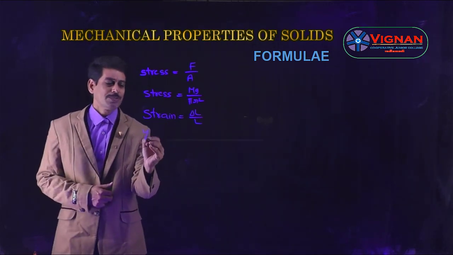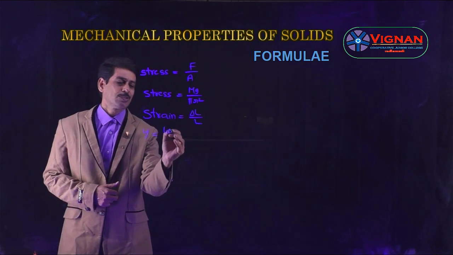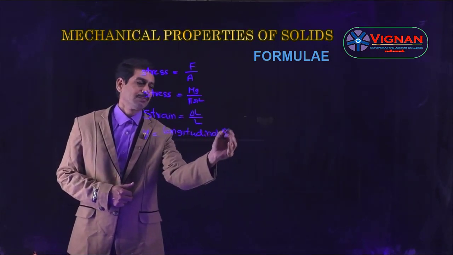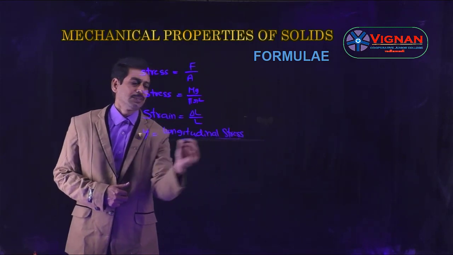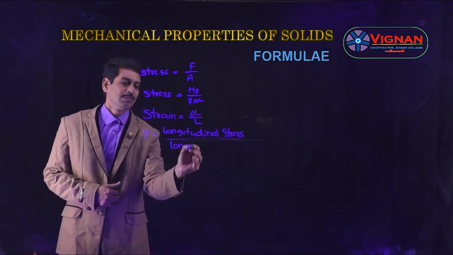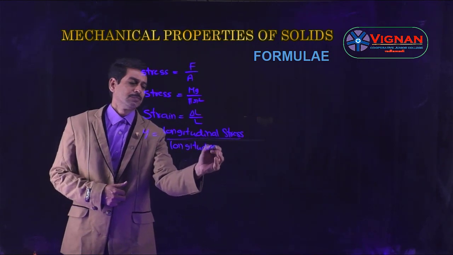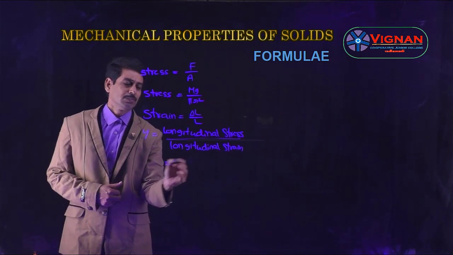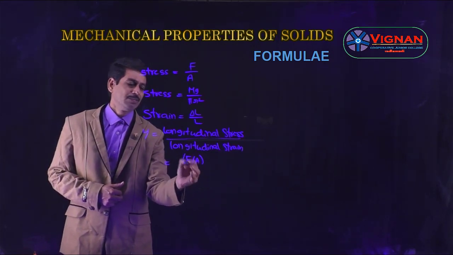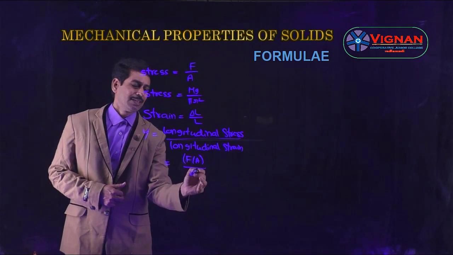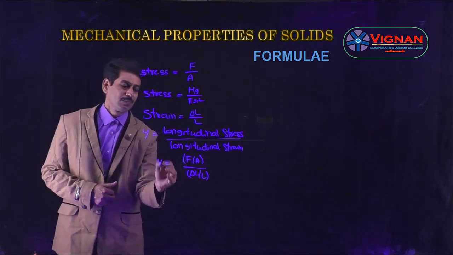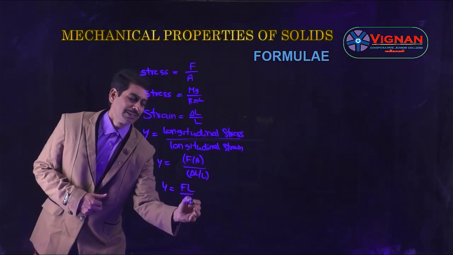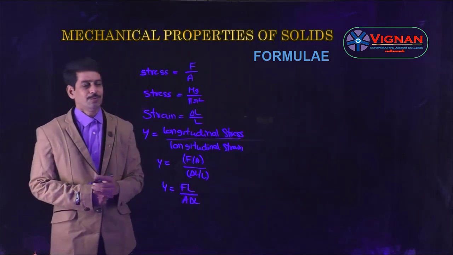And Young's modulus is denoted by Y, which is given as the ratio of longitudinal stress divided by longitudinal strain. Longitudinal stress is F by A, and longitudinal strain is delta L by L. So Y is equal to FL by A delta L. This is the formula for Young's modulus.